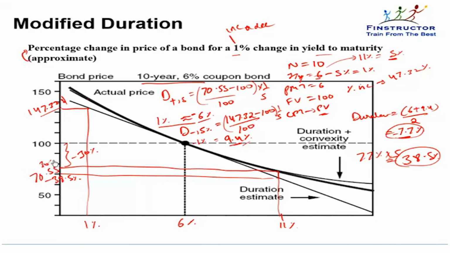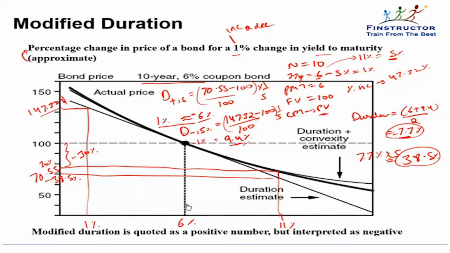If yields fall by 5%, then the duration estimate will tell us that the price should rise by 38.5%.